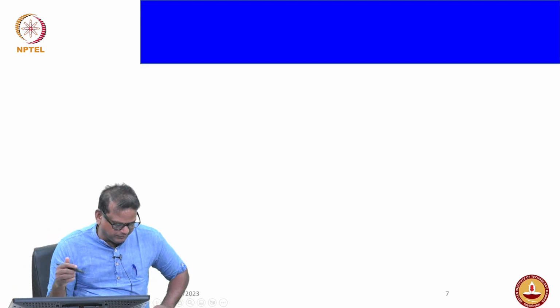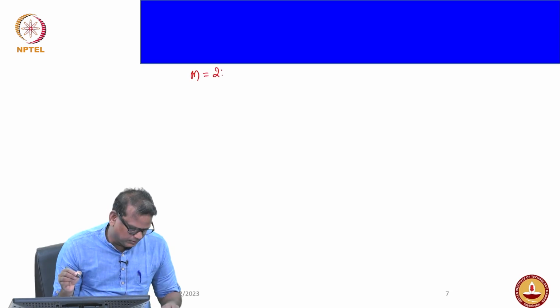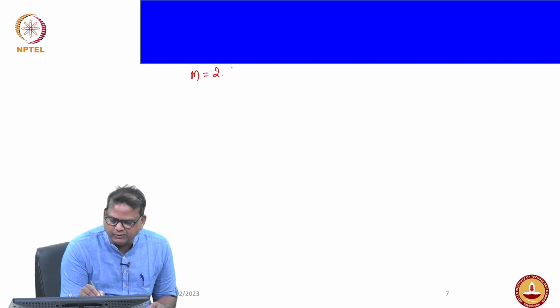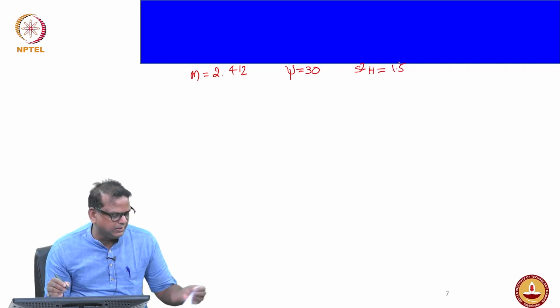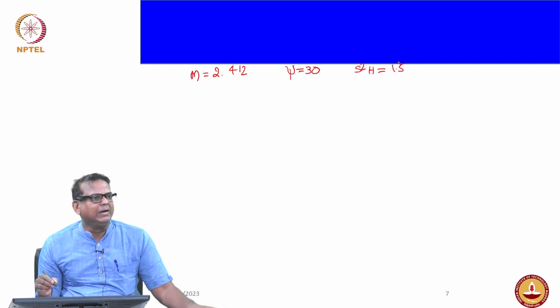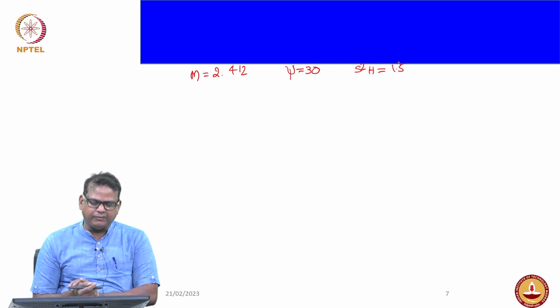The model we got is m equal to 2.412, when you have psi equal to 30 and your factor of safety S square equal to 1.5. Just wanted to show the relationship between your factor of safety as well as the structural support or frame factor ratio.